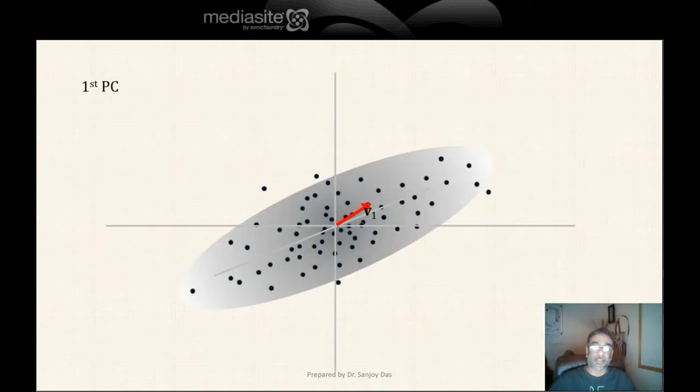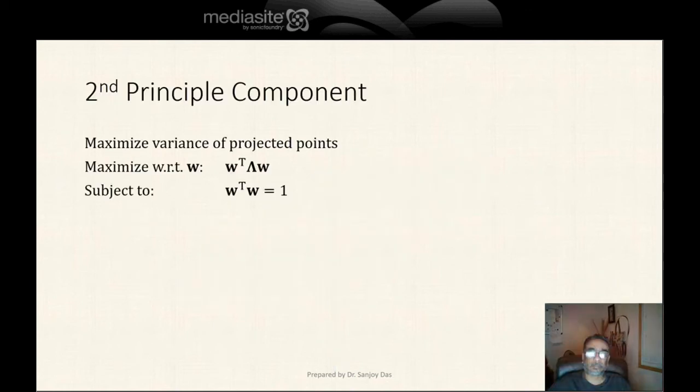So this is the data, the scatter plot of the data, and V1 is shown, that's the first principal component. Now let's devise how to obtain the second principal component. The problem statement is the same as before. We have to maximize the variance of the projected points, this time along the second principal component.